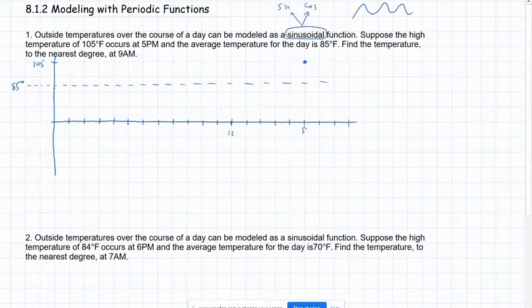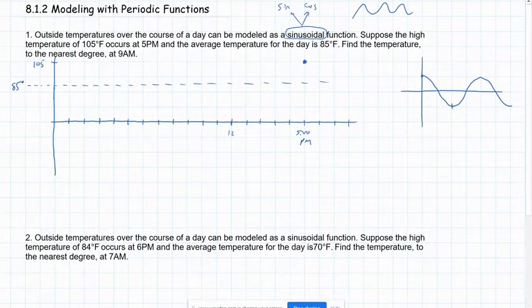So if the period is one full day, then if we think about a normal sine graph or a cosine graph, it starts high, and then goes low from there.